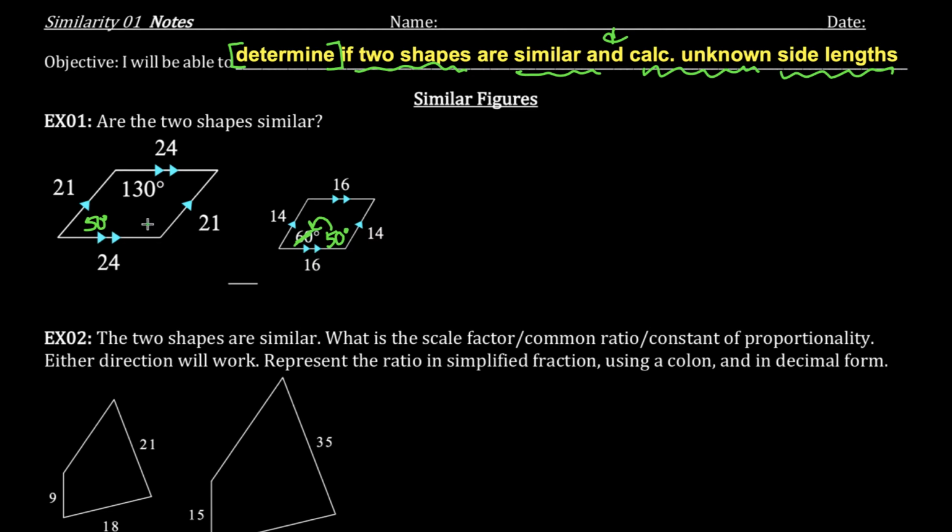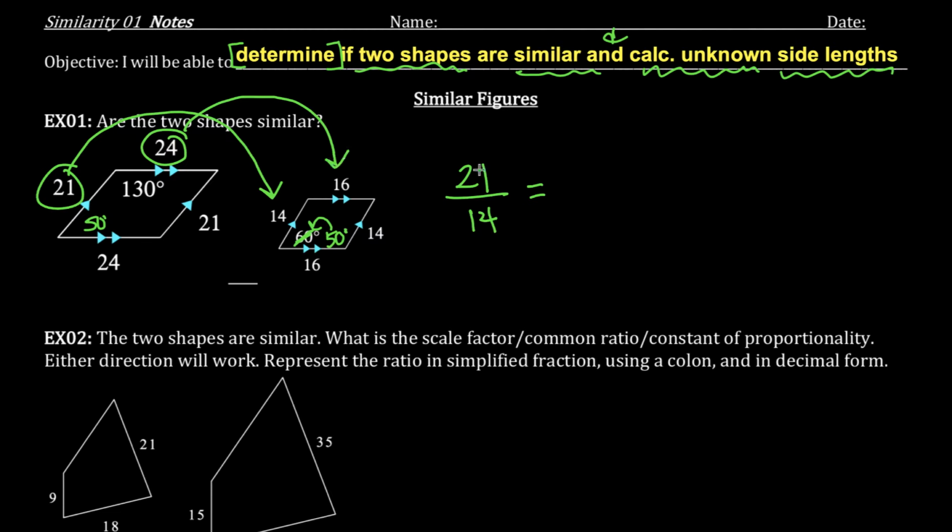So one way you could do it is you could do this. So you could go 21 units with 14 units, or it turns into 14 units. That should be the same as 24 to 16 units.